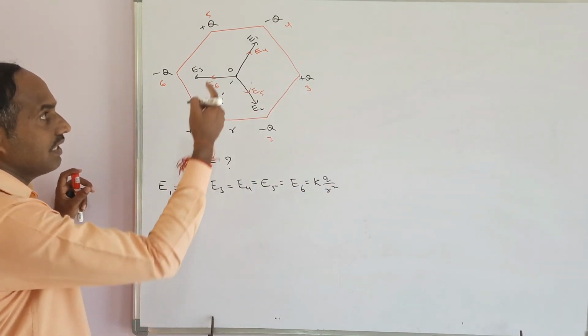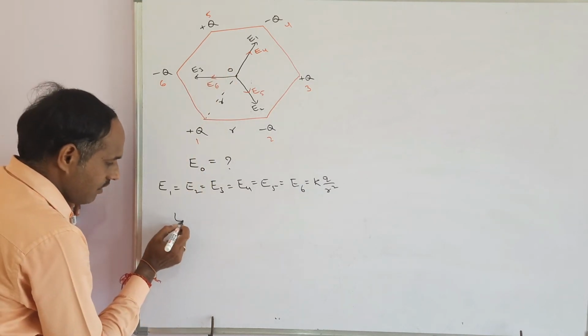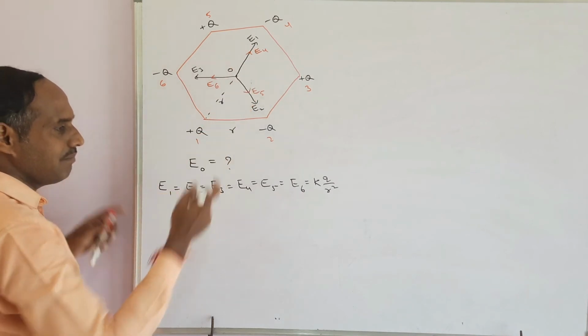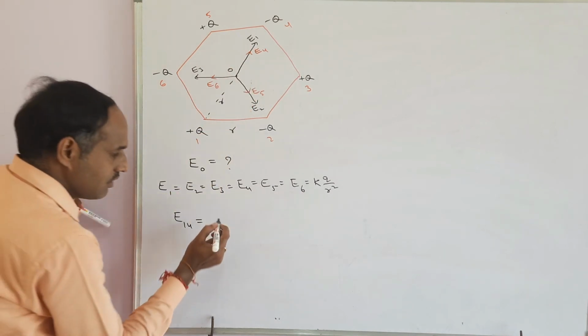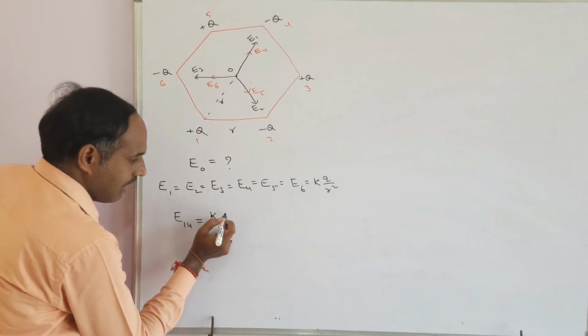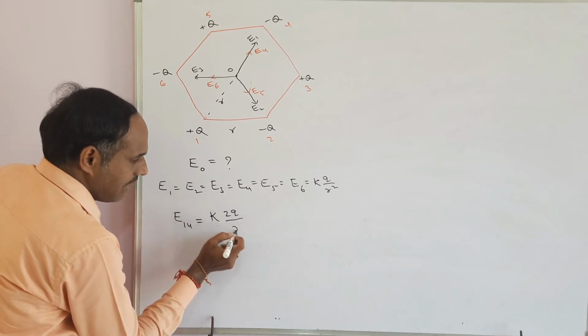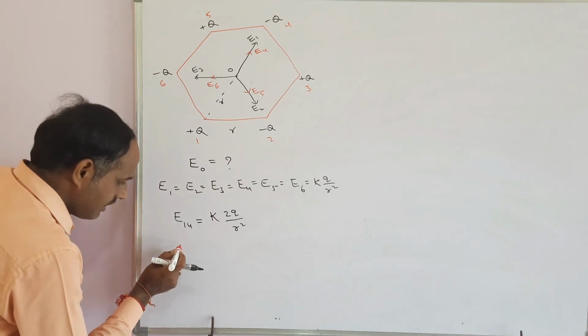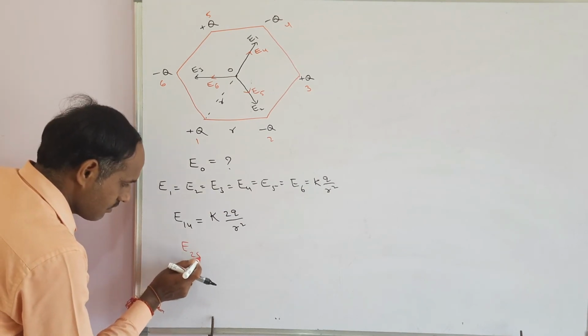Okay, so at first I am taking the resultant of 1 and 4. These 1 and 4 are in the same direction, so can I write K into 2Q by R square. And next I am taking the resultant of 2 and 5.